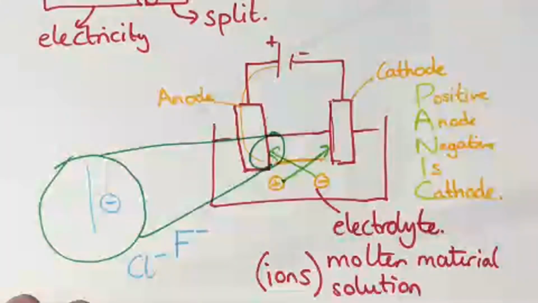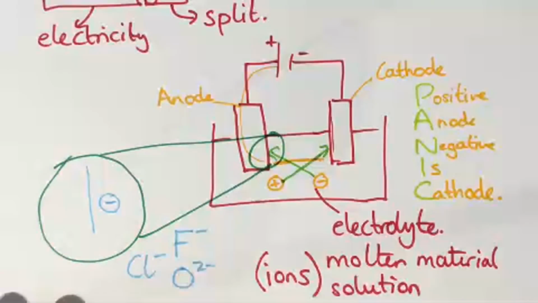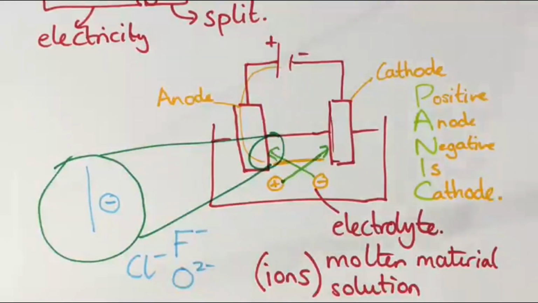Okay, and yes, this is chemistry paper one. Oxide, if you've got like aluminium oxide. Don't worry about electrolysis. Electrolysis is super hard. I think it's the hardest thing in the whole of GCSE, so don't worry about it.